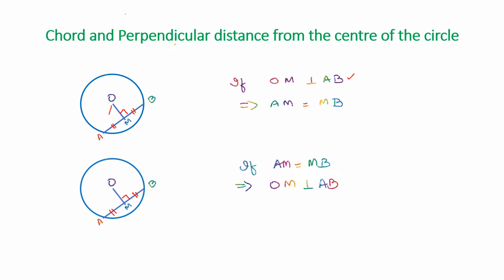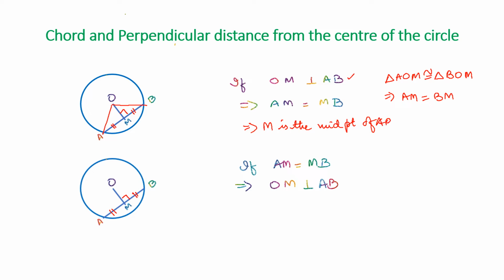You can prove the two triangles. Triangle AOM is congruent to triangle BOM by RHS, which implies that AM is equal to BM. So this implies that M is the midpoint of chord AB.